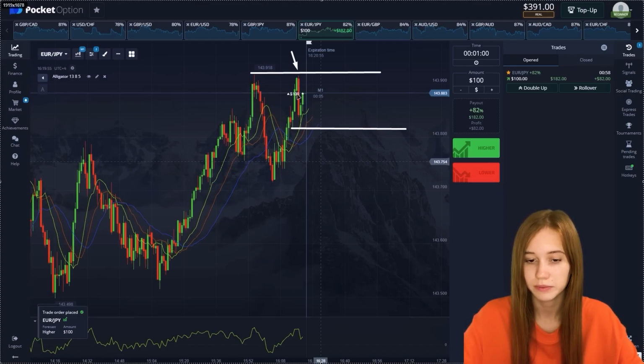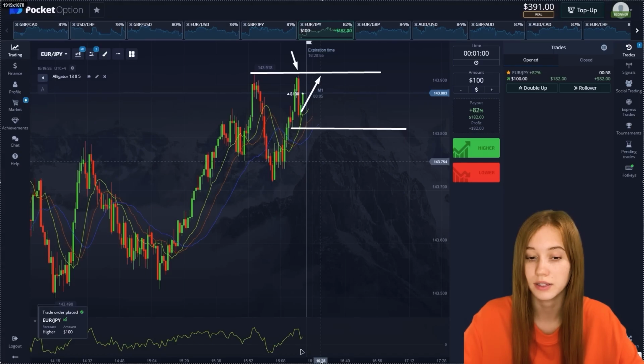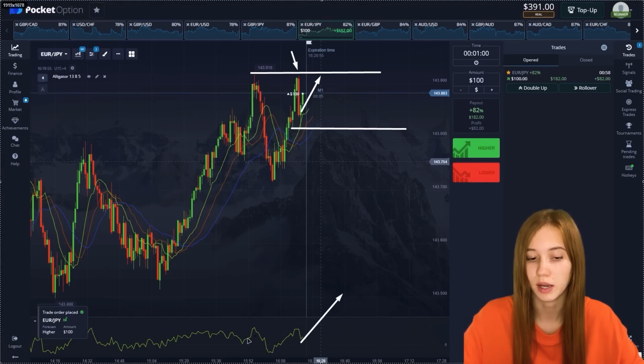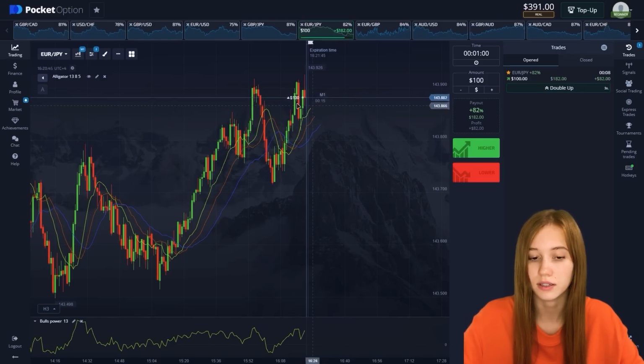We open up, we see a good upward trend by the indicator. This is already the third sign. According to the second indicator, we see the line is directed upwards. This is the fourth sign for opening upwards. Let's see the situation. And there are 10 seconds until the end of the deal.